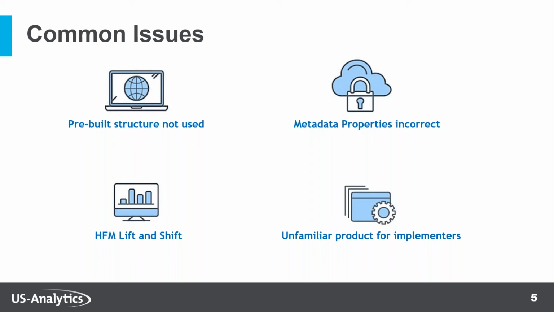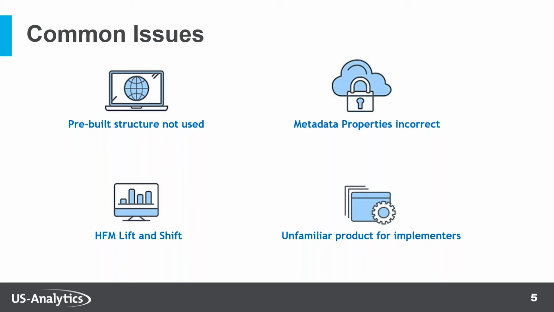We also saw the tendency to want to do an HFM lift and shift for those companies that were coming from an HFM environment. But because it's built on a different technology, doing a lift and shift from HFM is not ideal. The properties were incorrect.